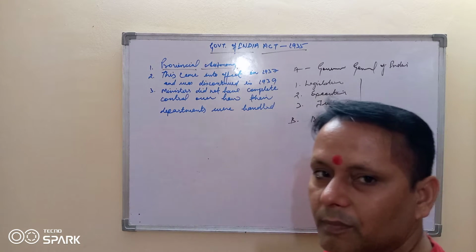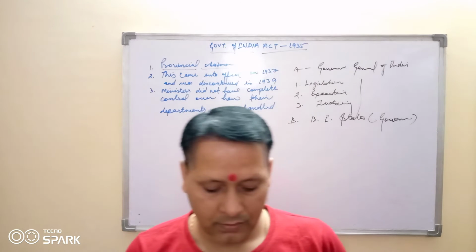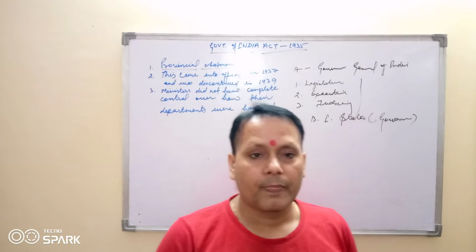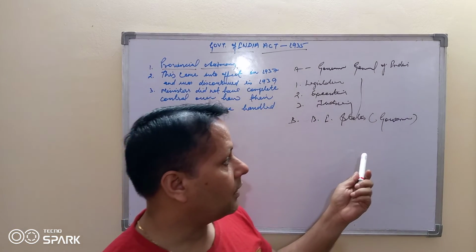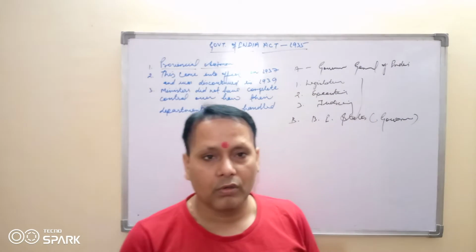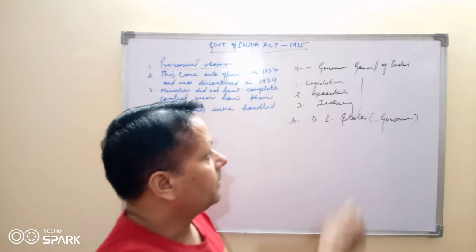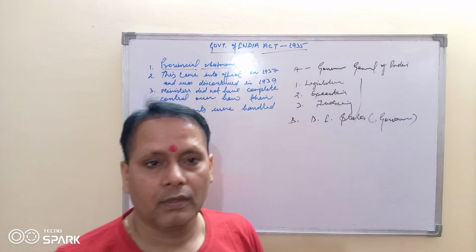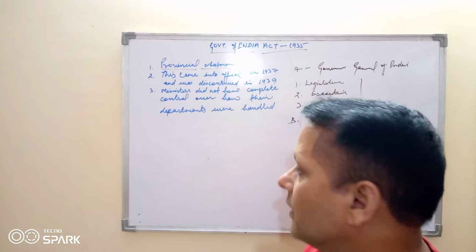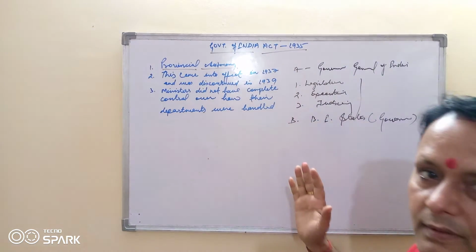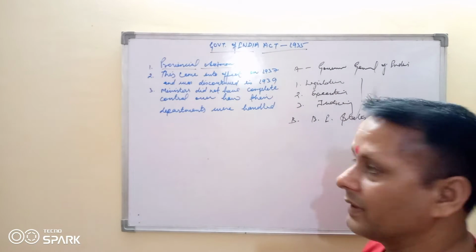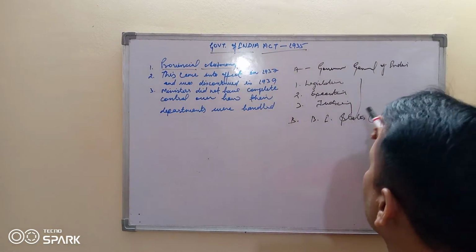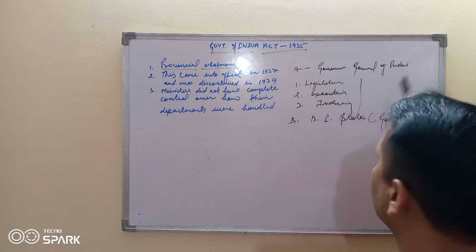The governor of the respective states is accountable for how they can govern and how they can control all three measures. In spite of this, a few matters they can reserve for the assent of the Governor General of India.